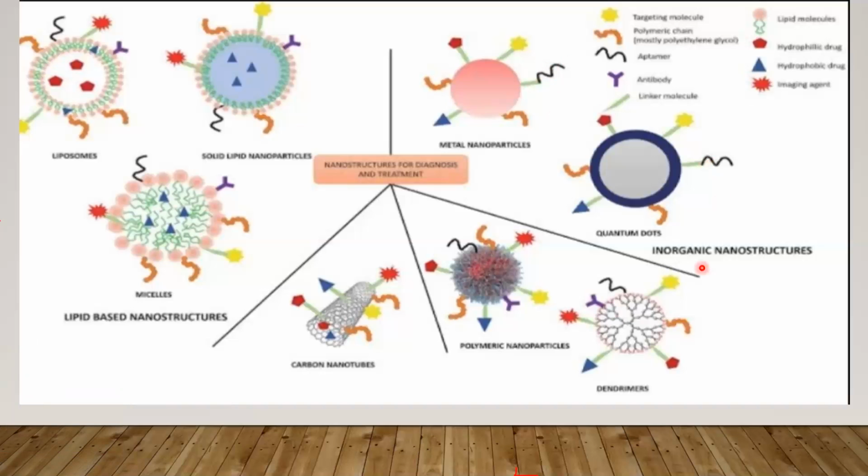What is an aptamer? These are the oligonucleotides or peptide molecules that bind to a specific target molecule. Purple color attached to these nanostructures are antibodies. Now, what are aptamers and antibodies? First, what are aptamers?